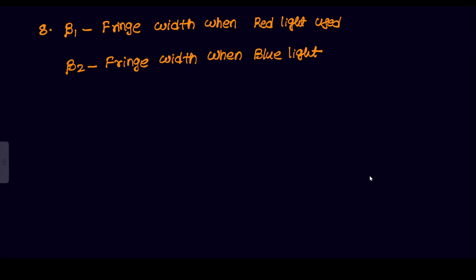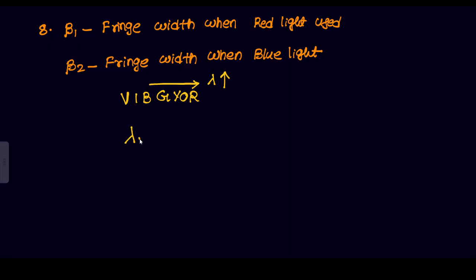Which light will have more wavelength? Here we have VIBGYOR. If we move towards red, what happens to wavelength? Increase or decrease? Wavelength will increase. Now, which color has more wavelength, red or blue?